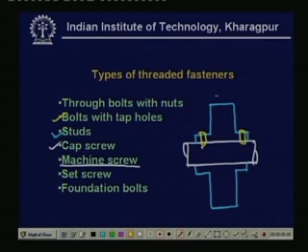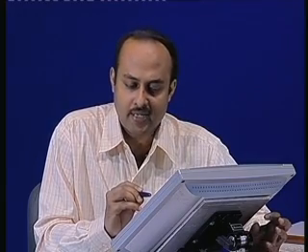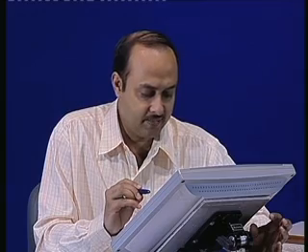Now see, a groove will be cut on this shaft, and this end part of the set screw will have adequate friction to arrest any movement. So the entire connection is through friction. Therefore, as expected, the load carried by this member will be relatively small. So set screws are used to connect two shafts when the load is relatively small.